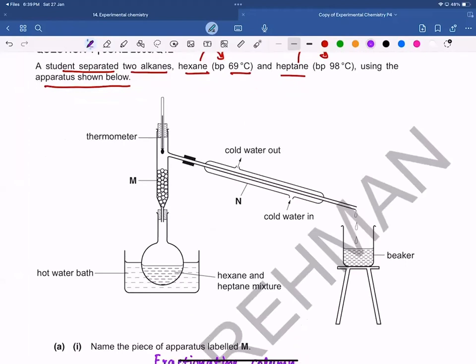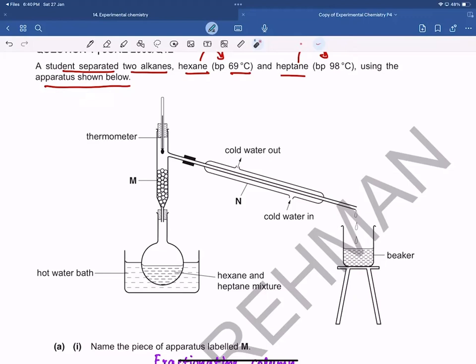Why was a hot water bath used rather than a flame for heating the mixture? See, they are saying that there is no flame used over here. Sir, the mixture is flammable, that's why. Can you repeat, Khadija? The mixture is flammable, that's why. Mixture is flammable, hexane and heptane.